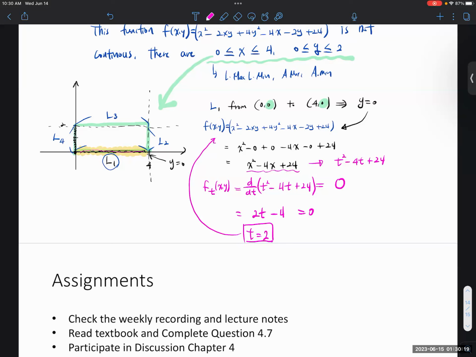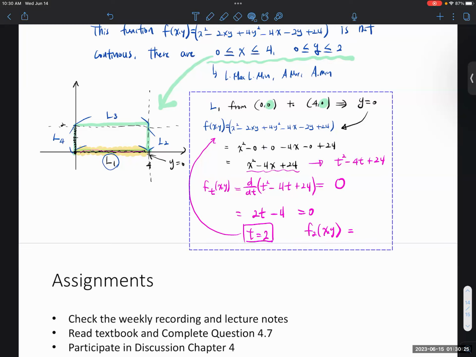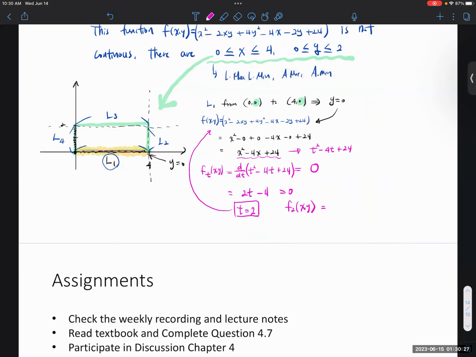So now f(x, y), I need a little bit of space. So 2 squared minus 2 times 1... Actually, my bad. Sorry. We don't need to plug in there. So let me get rid of it.